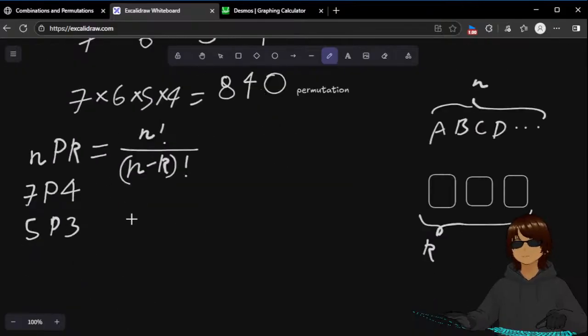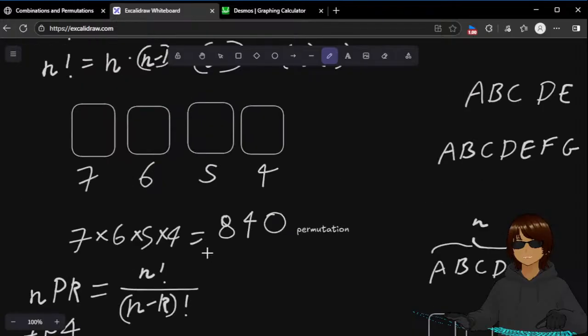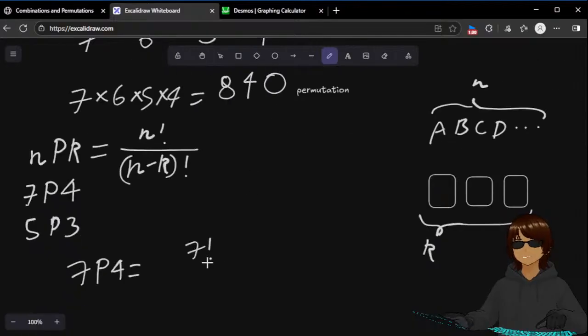So for the above, for 7P4, 7 factorial to arrange 7 objects. But if we only want 4 of them, the 3 times 2 times 1 over here needs to get removed.